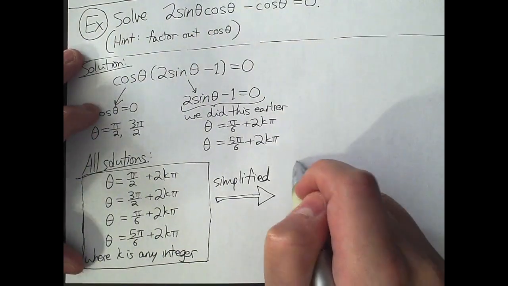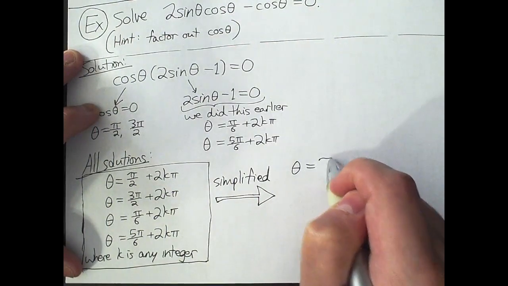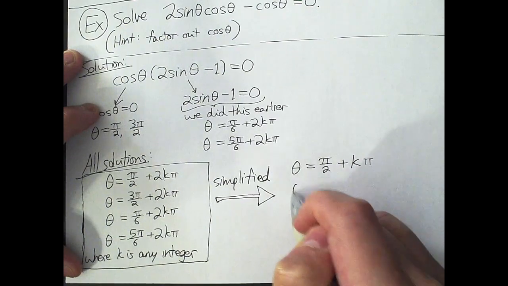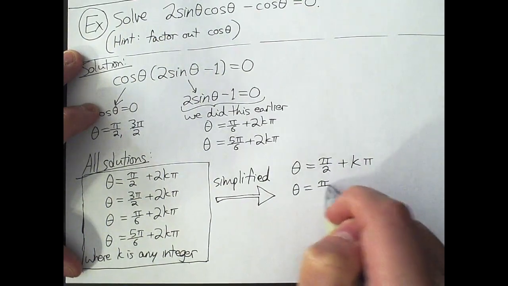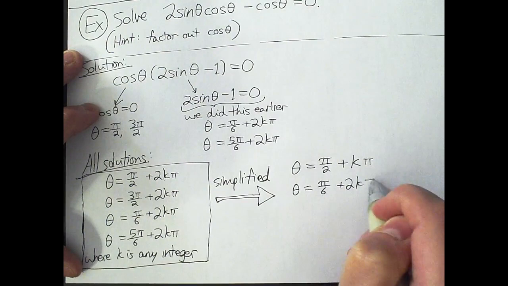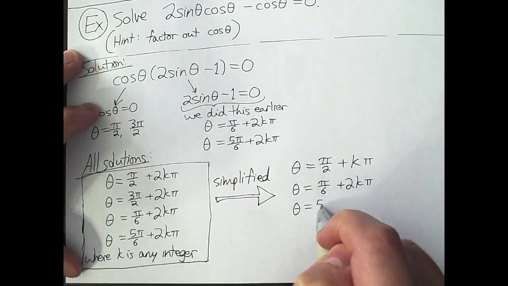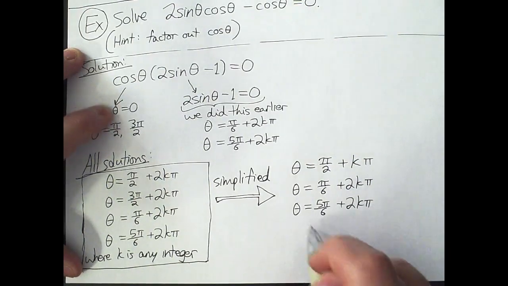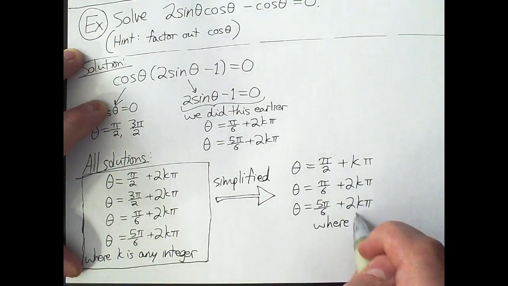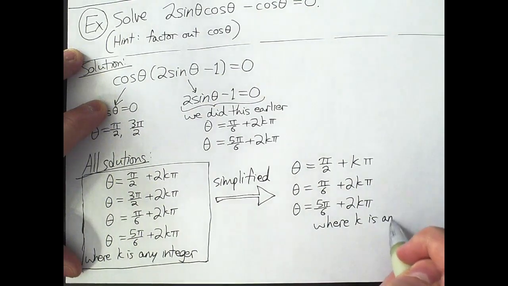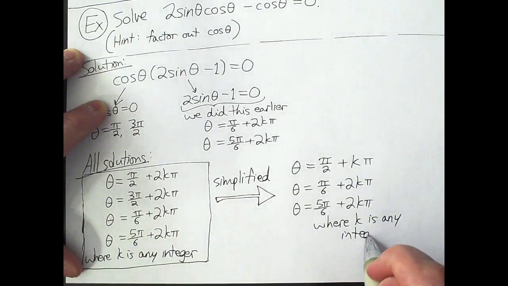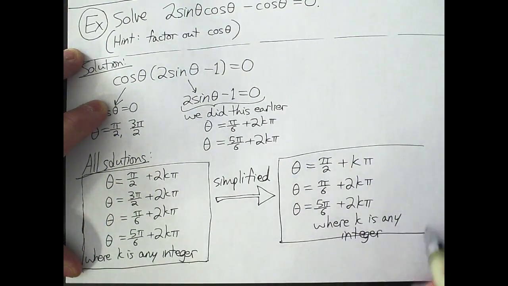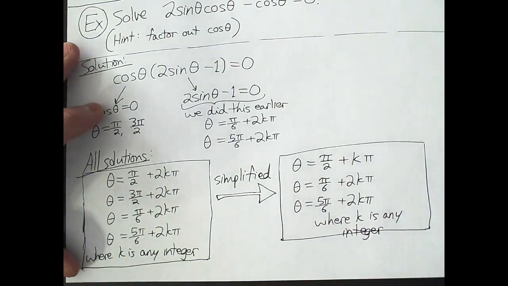So you could say theta equals pi over 2 plus k pi. And then you still need to list pi over 6 plus 2k pi and 5 pi over 6 plus 2k pi. So either one of these is good for me, if you want to think of this as 4 families of solutions, or as 3 families of solutions.